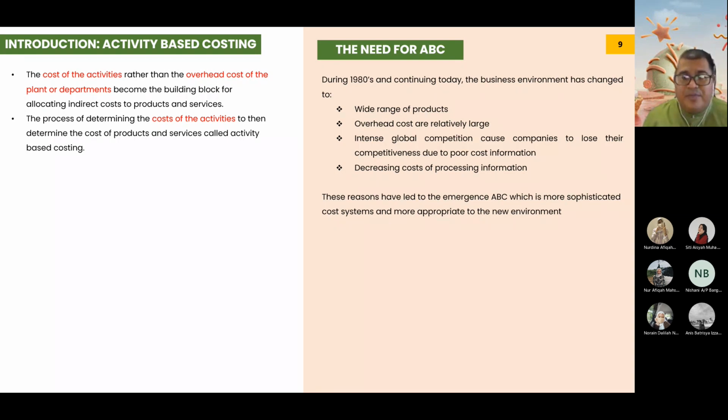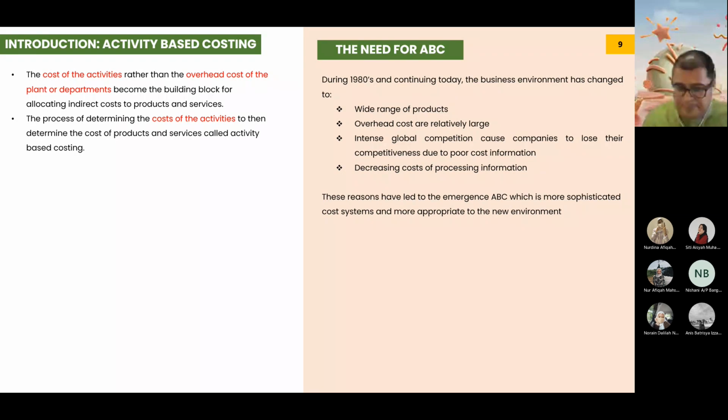And then because of intense global competition from rival or from competitor, it will cause company to lose their competitiveness due to poor cost information if they are still using the single rate. Because all competitors semua dah improve dia punya product, semua dah charge cost accordingly based on the product, and then they will come up with the best selling price that they can offer to the target.